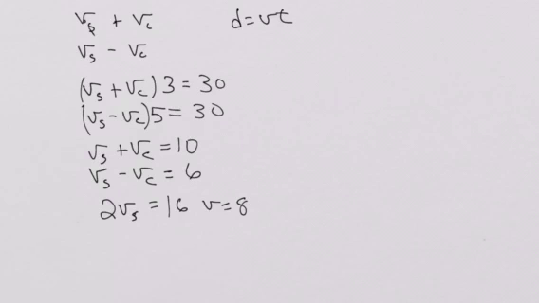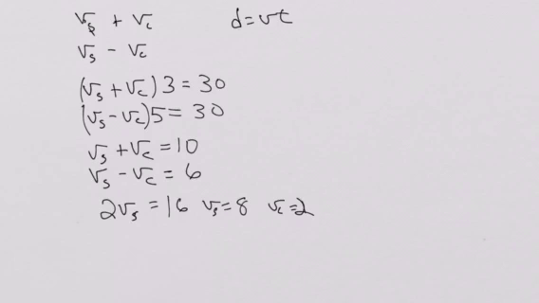And when I plug that up here, I can see I need V sub s plus V sub c to equal 10. If V sub s equals 8, then V sub c has to equal 2.